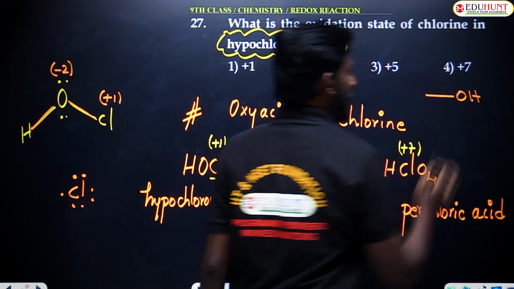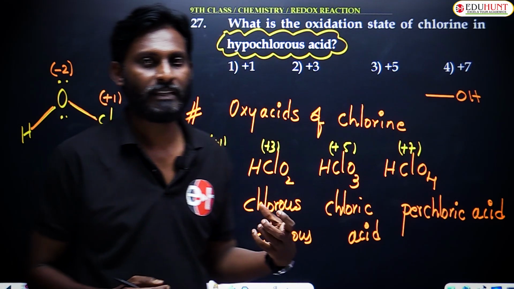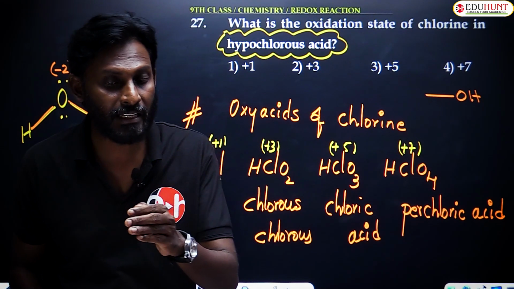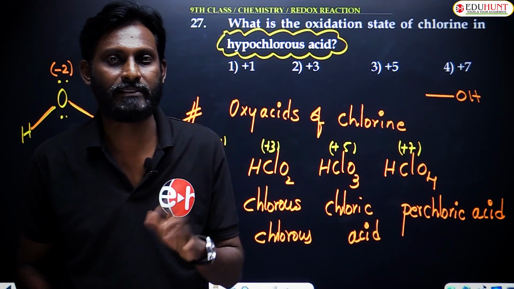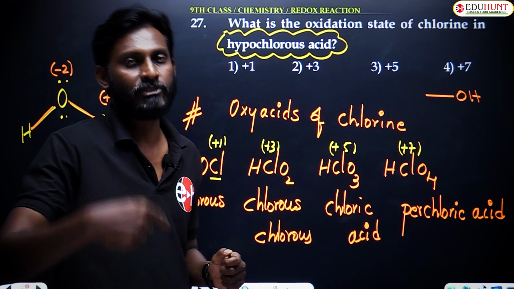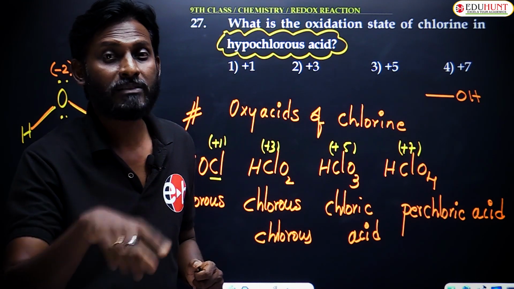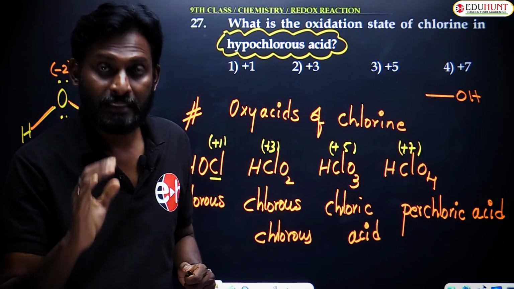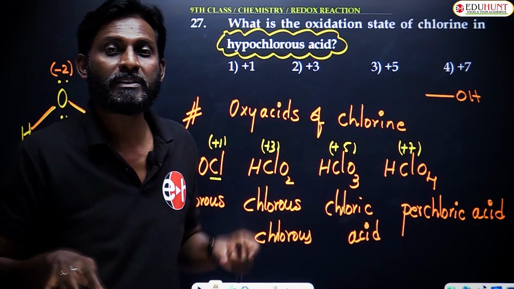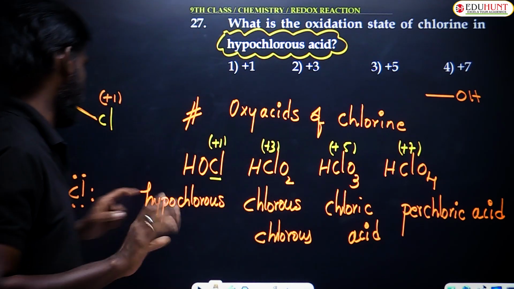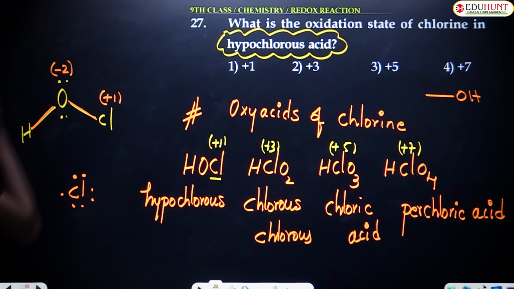This is the important part in oxyacids. Protic acid means it can release H plus, but in oxyacids the releasing H plus is actually present in the form of an OH group, right? So this is the OH group.